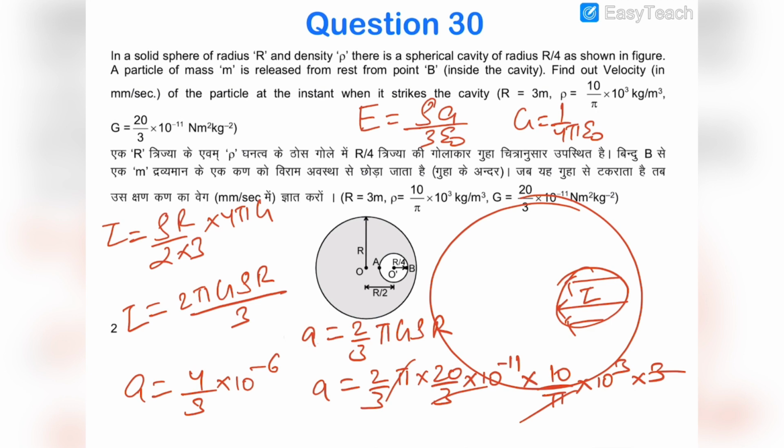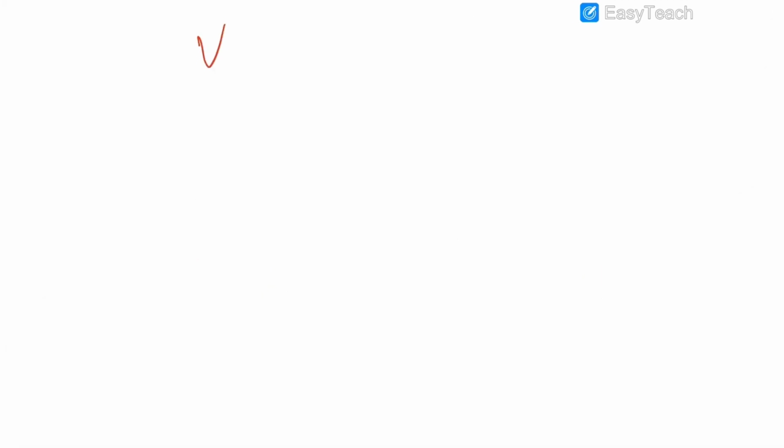And we have to find out its velocity. So V, let us use another page. V is equal to under root 2AS.